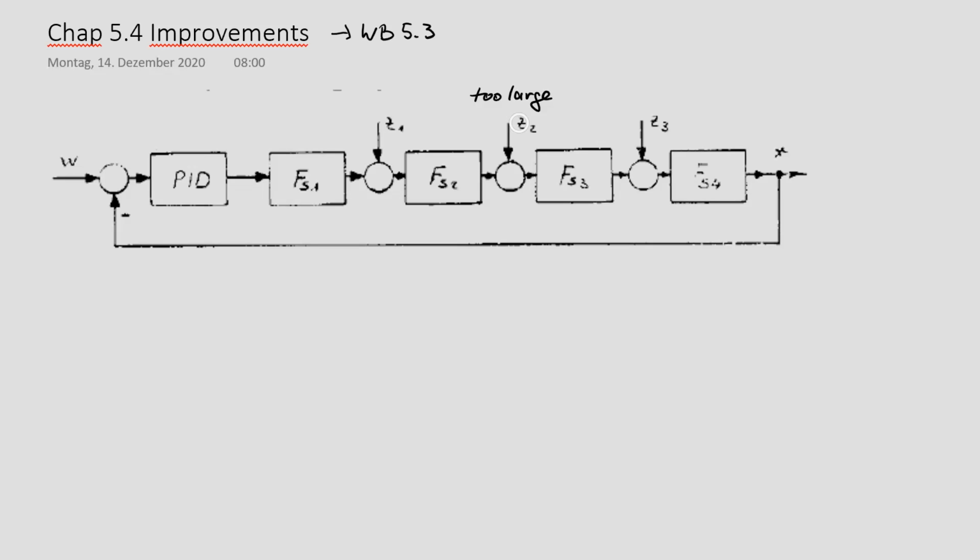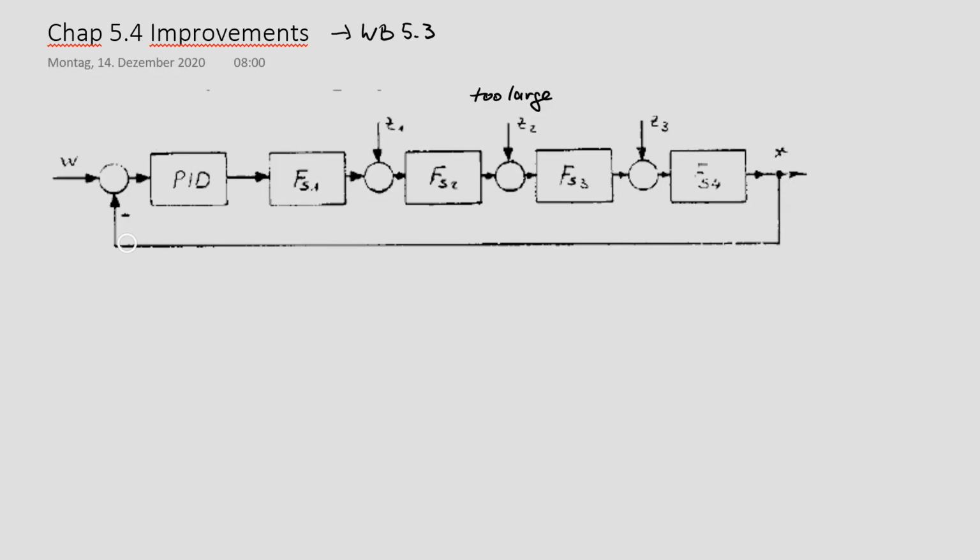So far, what we first can say is, why could a disturbance Z2 be too large? Because a PID controller could be very fast. The differentiator, if there are small changes, could react with large compensating changes. But assume that a disturbance step appears here, then this step change has to run through FS3, run through FS4, until X is changed.